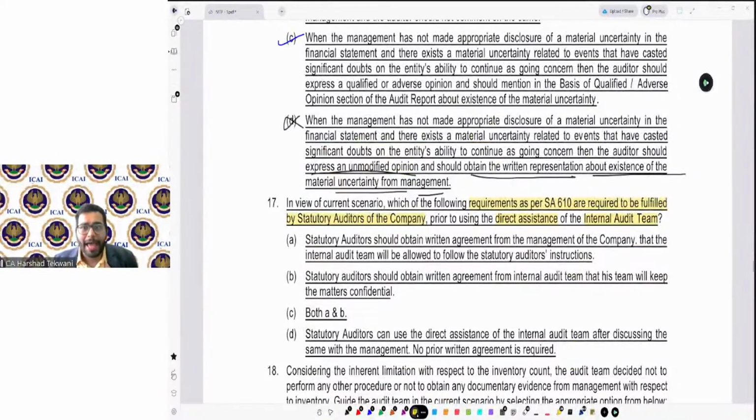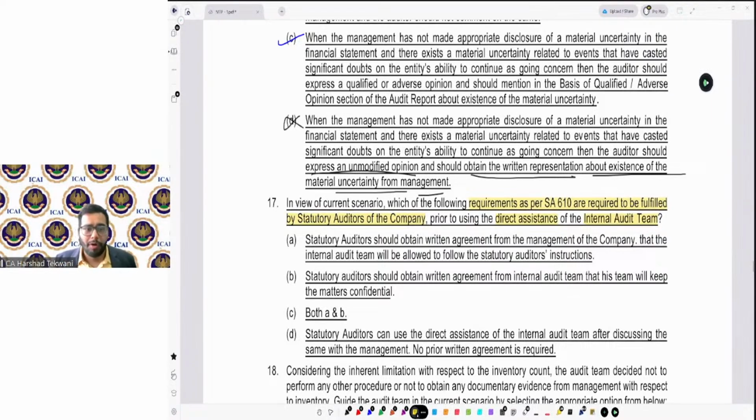If I want to rely upon the work performed by the internal audit team, then I need to think of those procedures and areas. But if I'm deciding to take direct assistance from the internal audit team, I need to understand the requirements I need to fulfill before taking it.